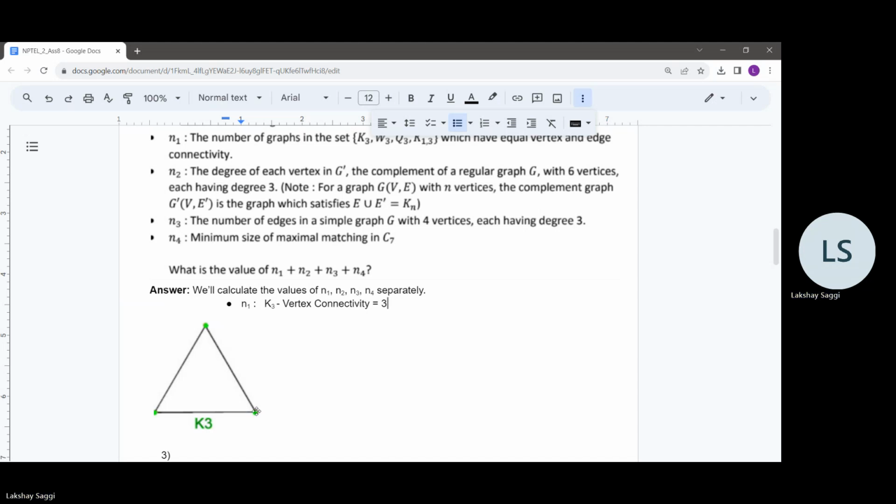So we need to remove all three vertices. That's why its vertex connectivity is 3.